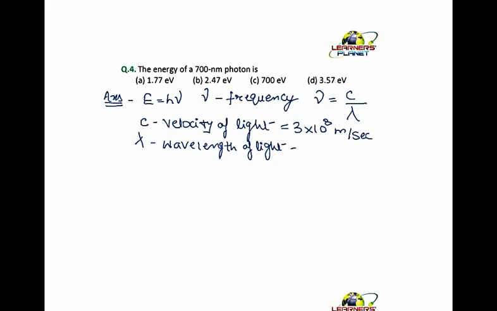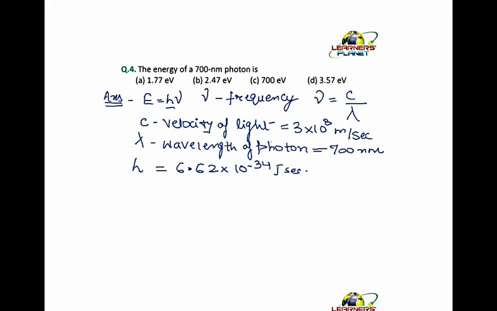The wavelength of the photon given here is equal to 700 nanometer. Now what is the value of h, students? h is equal to 6.62 into 10 to the power minus 34 joule second.